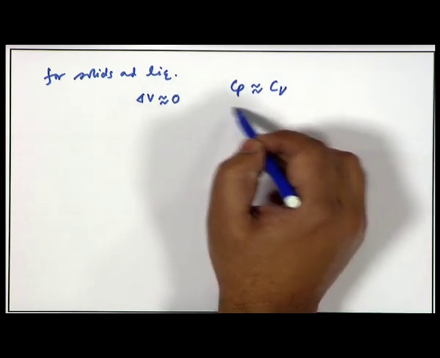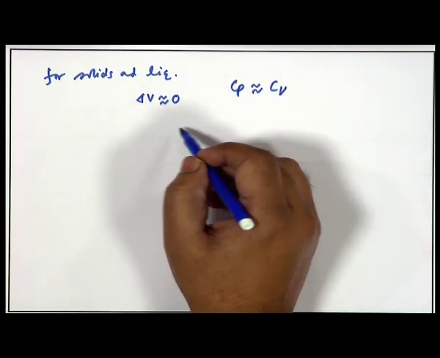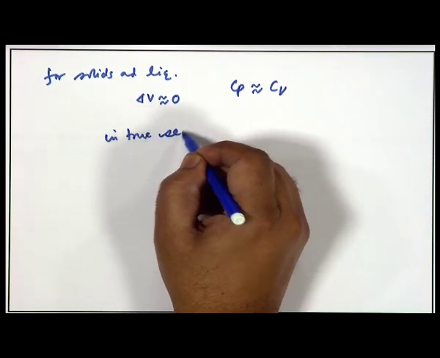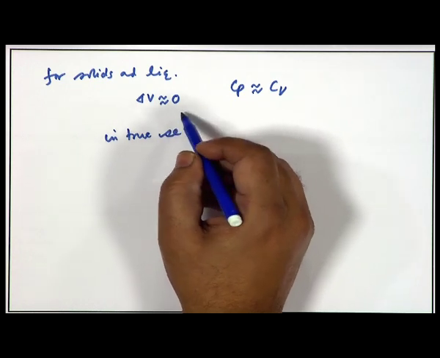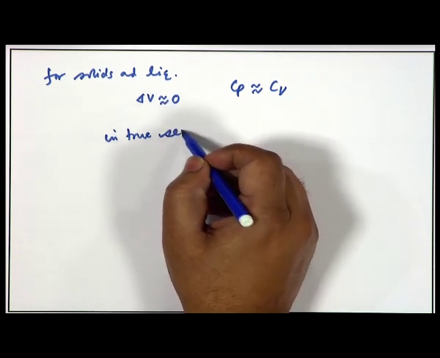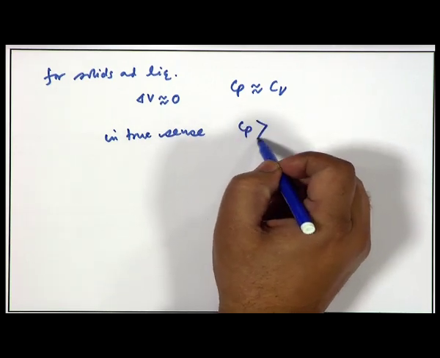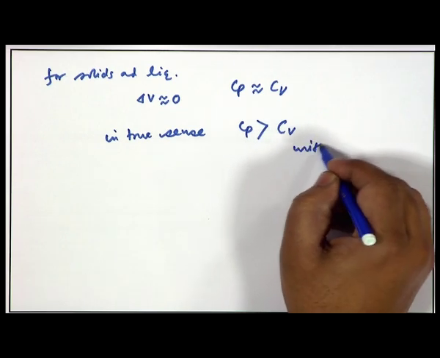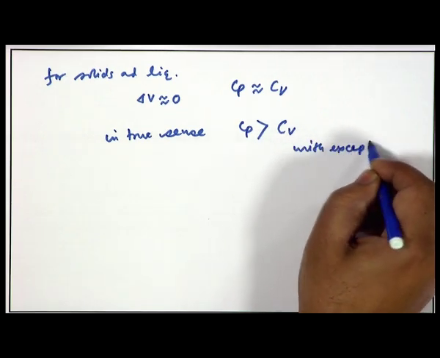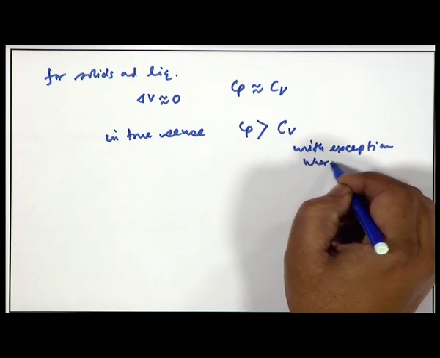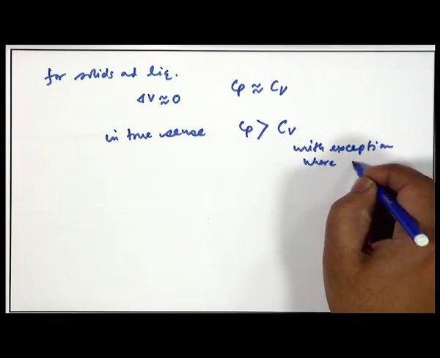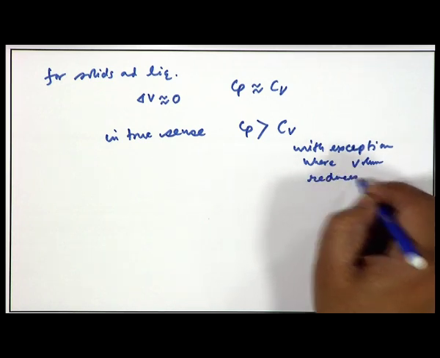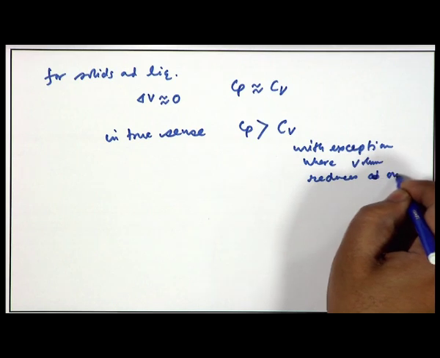So, this is the case for solid and liquid, but if in the true sense you do not neglect the small volume change, then Cp would be greater than Cv, with the exception where volume reduces or decreases on heating.